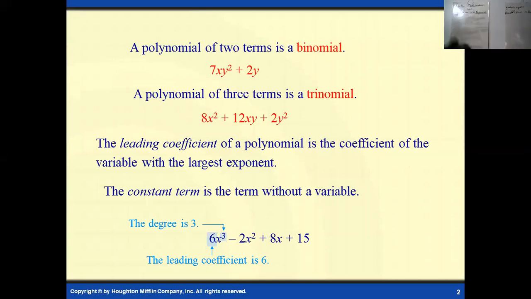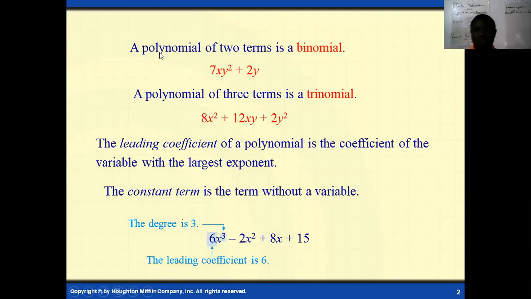An example of a binomial is something like 2x squared plus y squared, which is two terms. We have a trinomial. An example is 8x squared plus 4xy plus 6y squared. If you look at this, this is 3 terms.